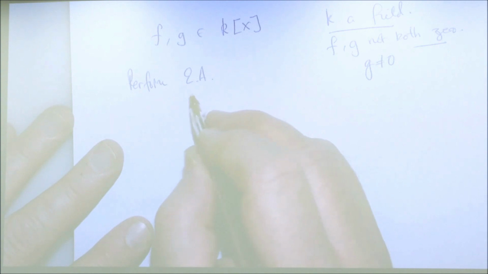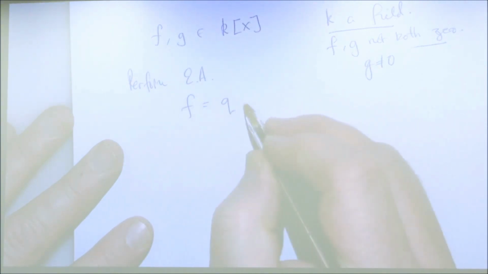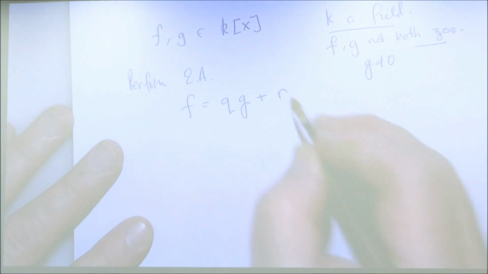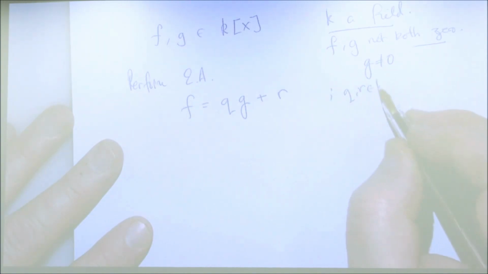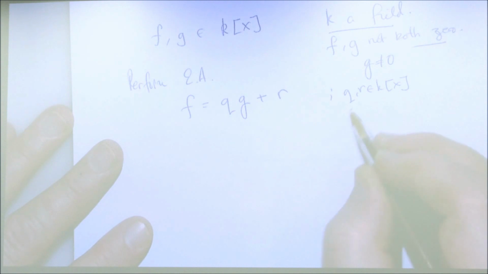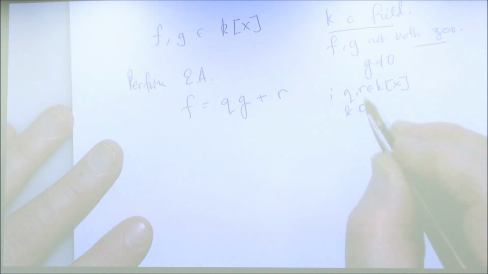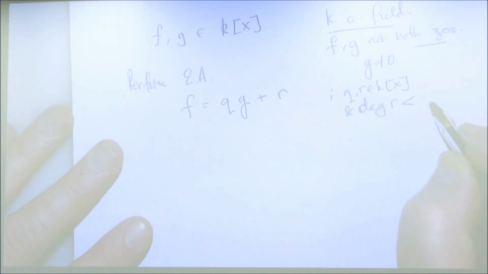Then I write F is equal to a polynomial Q times G plus a remainder R, where Q and R are polynomials, and the degree of R is less than the degree of the thing that you're dividing by. You're all happy to divide one polynomial by another, possibly failing with a small remainder. You've all done that?